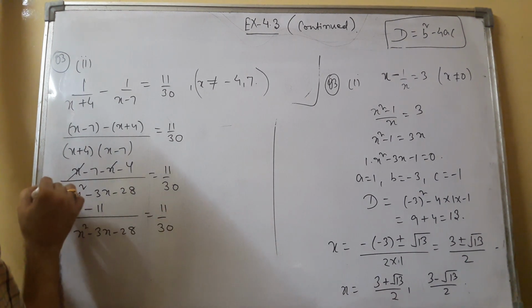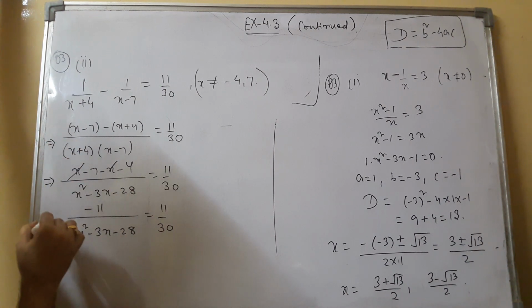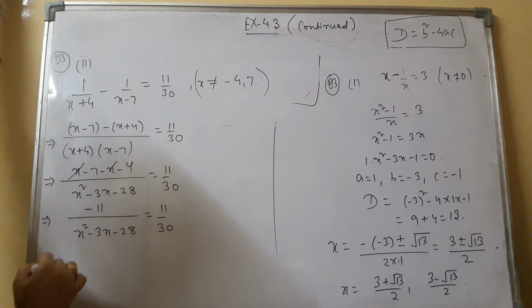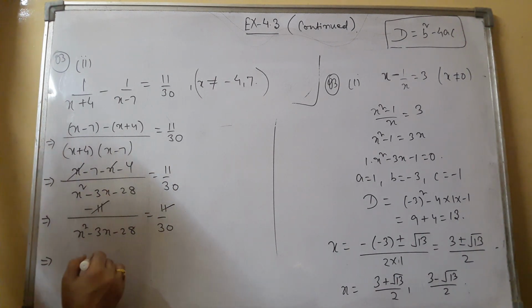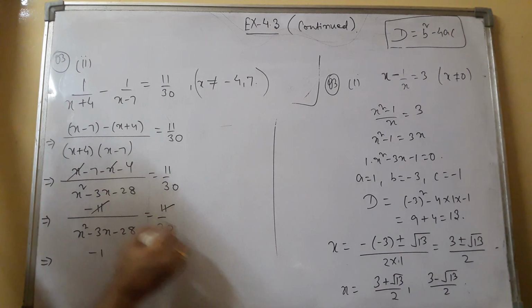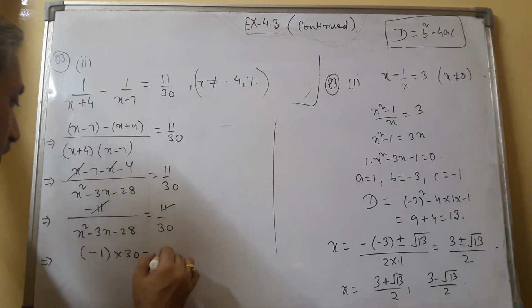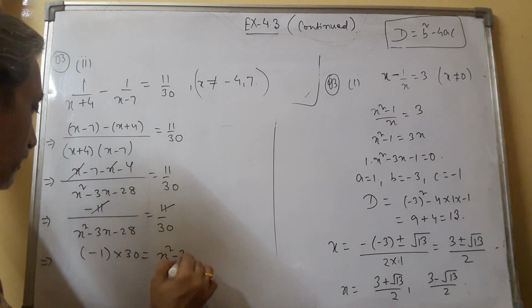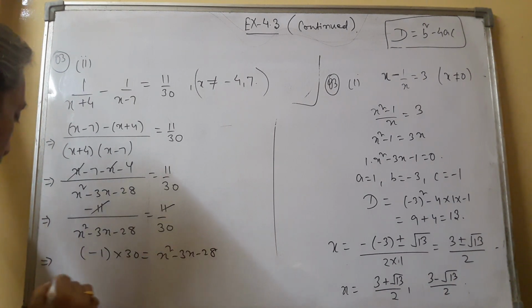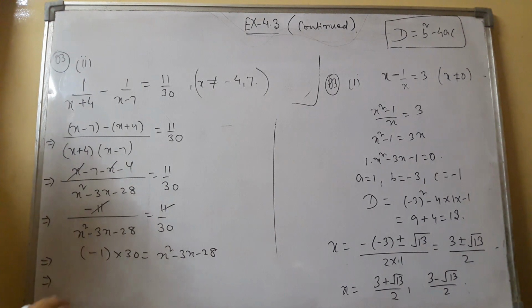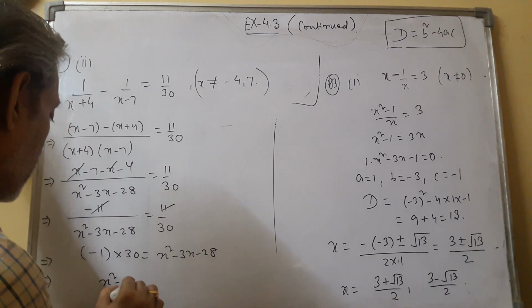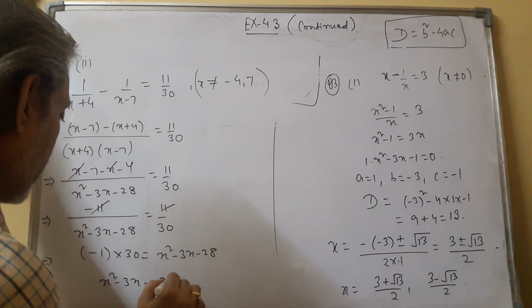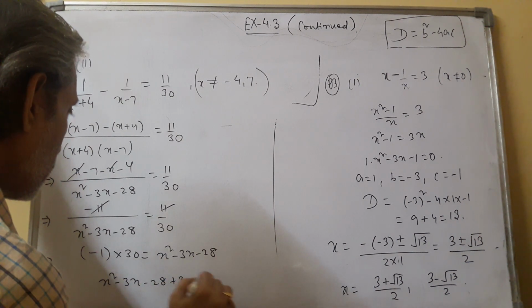Now look, we can simplify it. We can cancel 11, so minus 1 left out, minus 1 cross multiply this into 30 equals to 1 into this. Bring all the terms to the right hand side. X square minus 3x minus 28 plus 30 equal to 0.